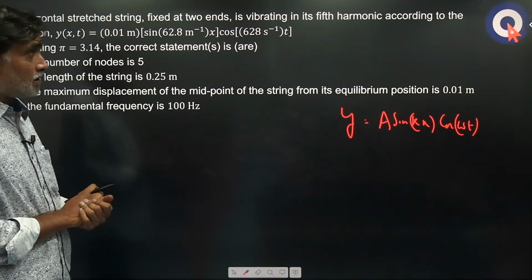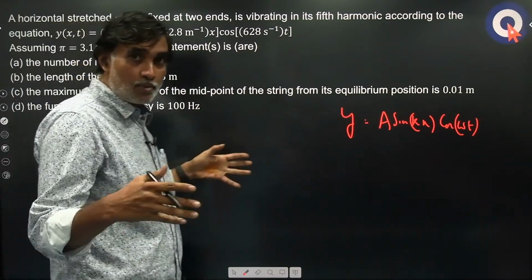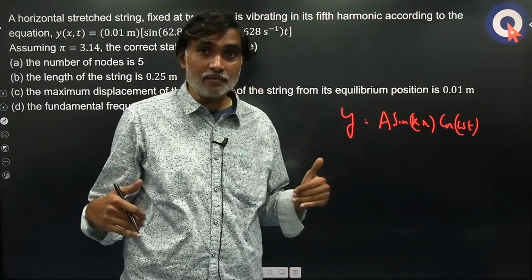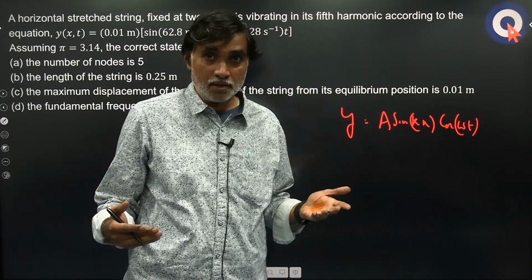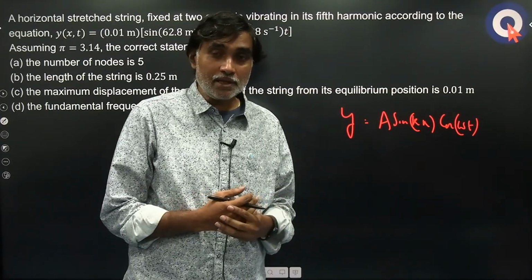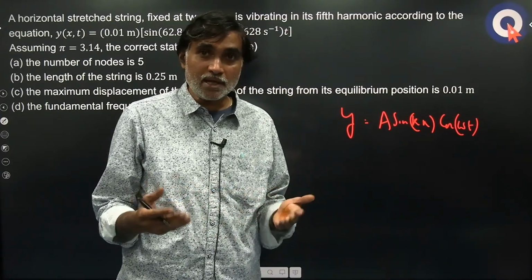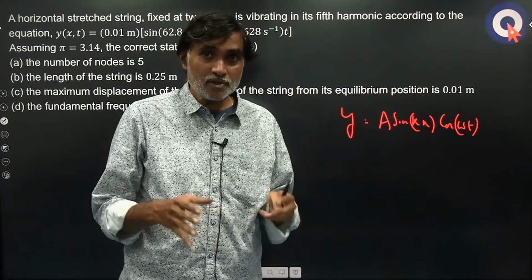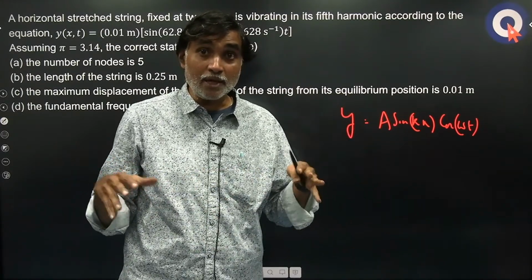Okay. String fixed at both ends means what is fundamental frequency? V by 2L, and second harmonic 2V by 2L, third harmonic 3V by 2L. So nth harmonic is nV by 2L. Now if it is oscillating in nth harmonic means there will be n loops.